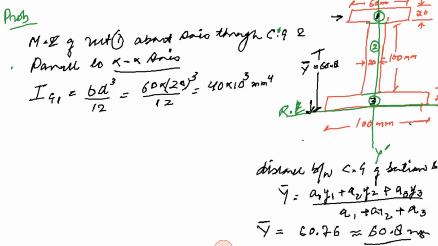Now, for rectangle 1, finally we need to calculate the moment of inertia about the x-axis, for which we have already calculated the moment of inertia about an axis through the center of gravity, parallel to the x-axis, which comes out to be IG1.